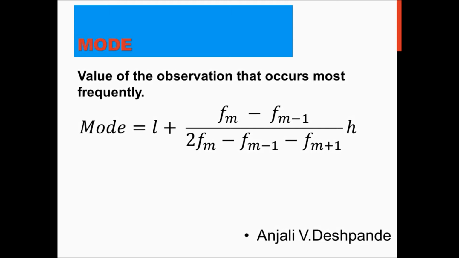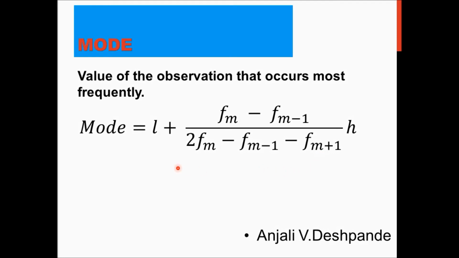Now this definition itself can be used in the case of ungrouped data, and in the case of grouped data, this particular formula is the one to be used for calculating the mode.